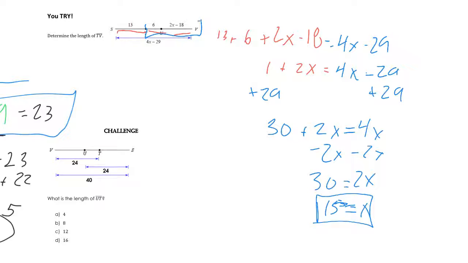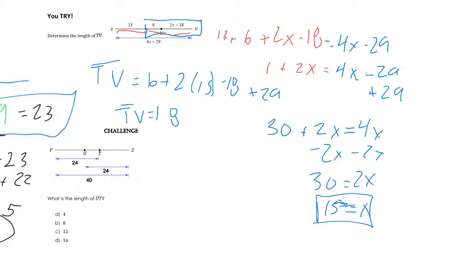TV is here. So TV is 6 plus 2 times 15 minus 18. 2 times 15 is 30. 30 minus 18 is 12. 6 plus 12 is 18. So TV is 18. Nice. Done.